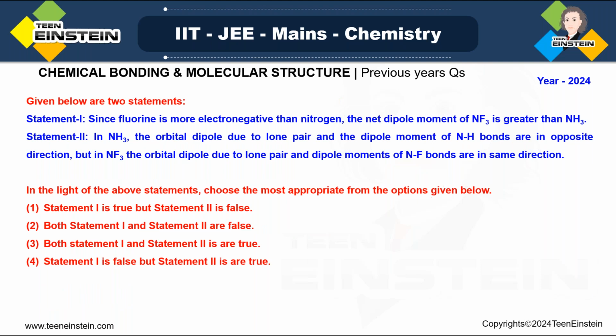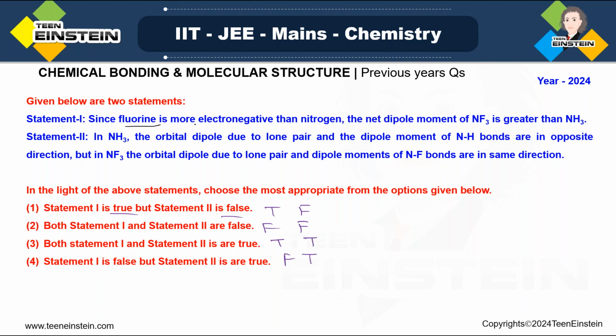Here also we have two statements and we have to choose whether they are true or false. Here options are always given like this, that is TF, then FF, this one is TT. So all the possible combinations are there. These statements are related to NH3 and NF3, these two molecules.